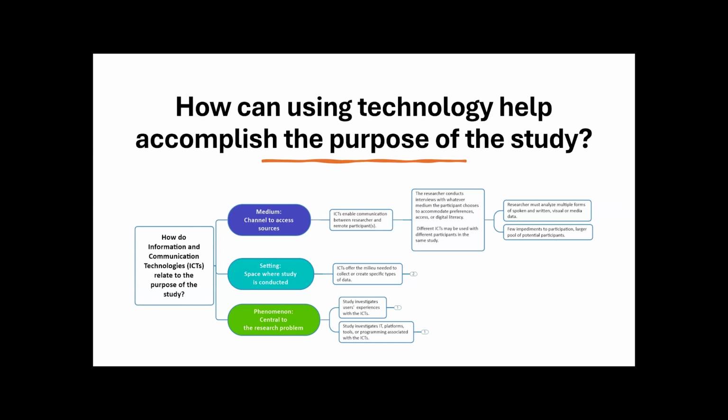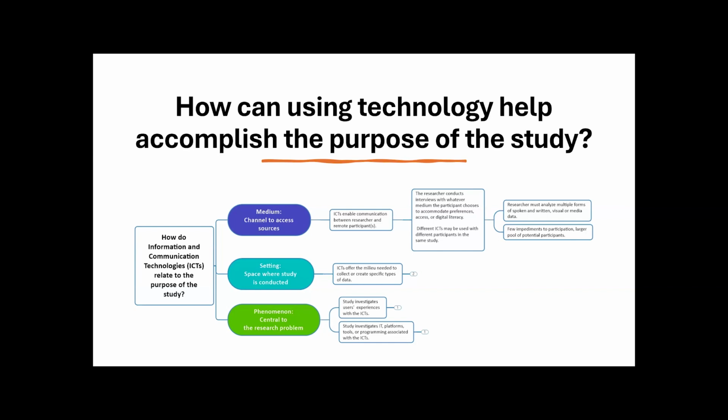Not everyone has the ability to use these kinds of tools, or the willingness to use them. So if I want to have the widest possible pool of participants, then by leaving the choice of the technology more to the participant, I have the ability to reach pretty much anybody who has some level of access.